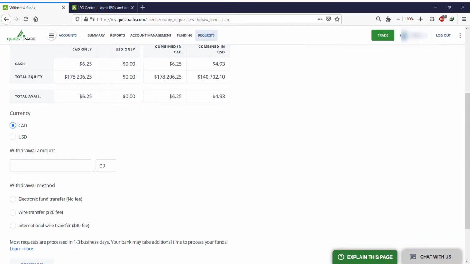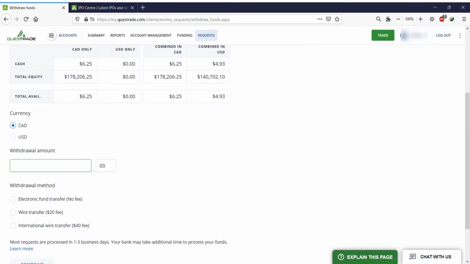You can either text with them, or I will show you another way that you can chat with them as well. If you choose electronic funds, remember that it should be less than your maintenance excess. Let's say your maintenance excess is $1,000, you can only withdraw $1,000, you cannot do $1,001.